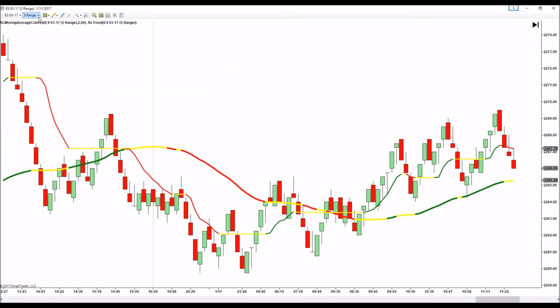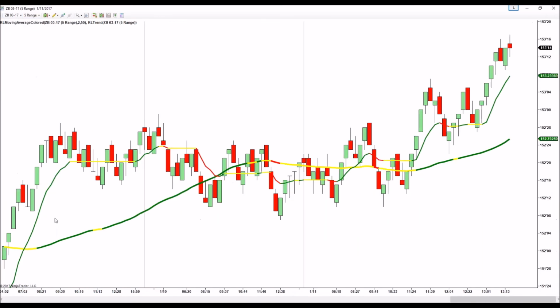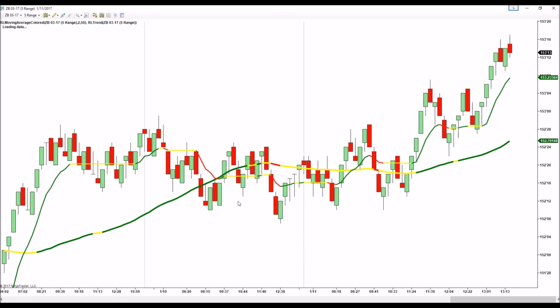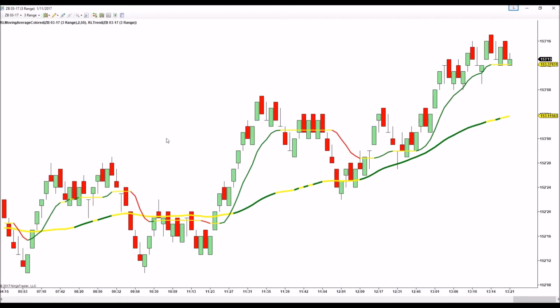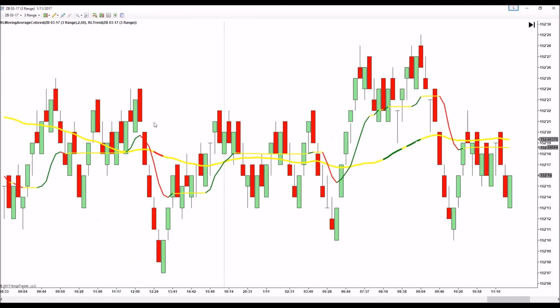Let's just take a look at one more instrument. Let's take a look at bonds, since we're trading it, and look at the ZB and go to a 3 range. Now I'm going to sit with him today. We're doing so many things. But I want to see if we can create some defined parameters and see if we can get an indicator that will give us some of the more obvious channels.